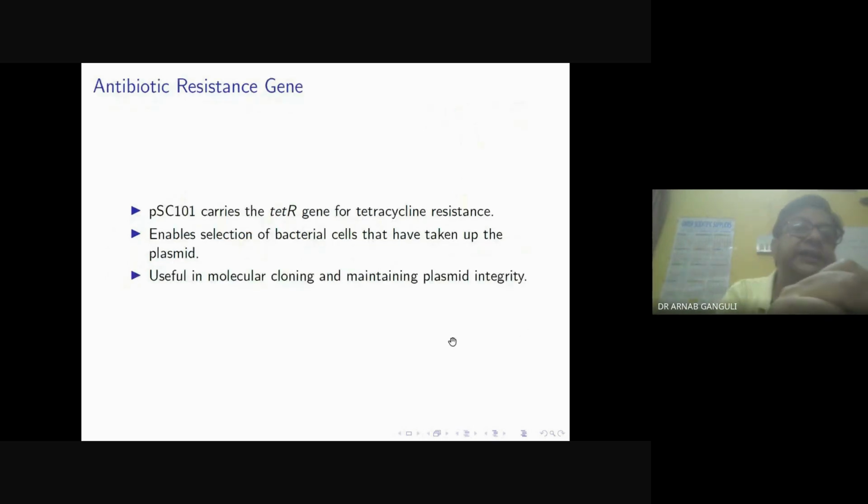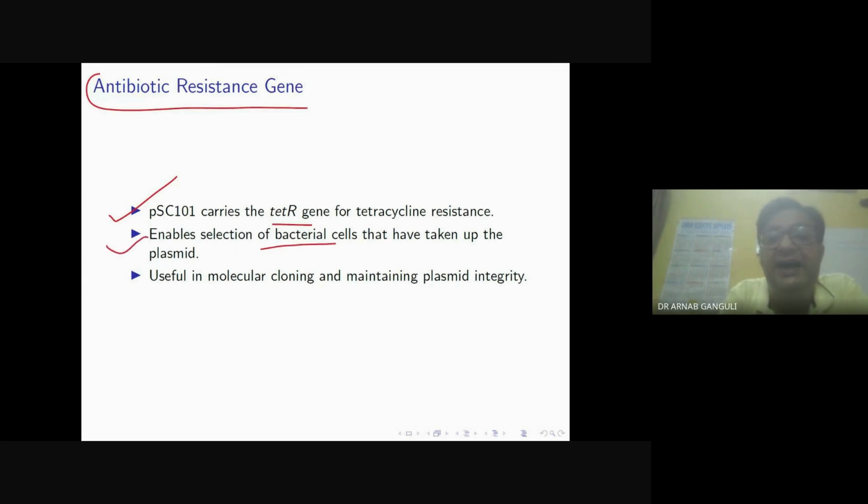The next thing it has is the antibiotic resistance gene. pSC101 carries the tetracycline resistance gene. And this enables selection of bacterial cells that have taken up the plasmid.